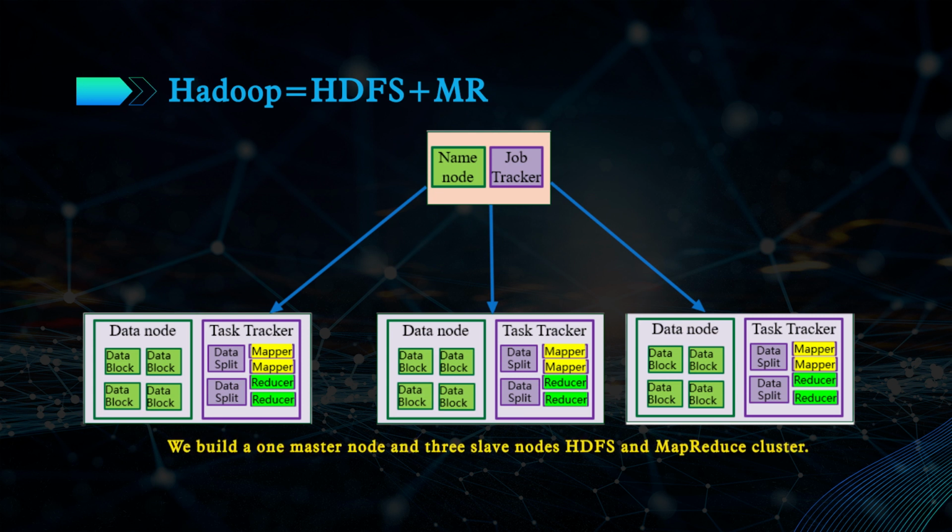For example, we build an HDFS and MapReduce cluster with 1 master node and 3 slave nodes. In order to reduce the data transmission overhead, we should try to make the input data of the corresponding map task as close as possible. It is better on the same machine.